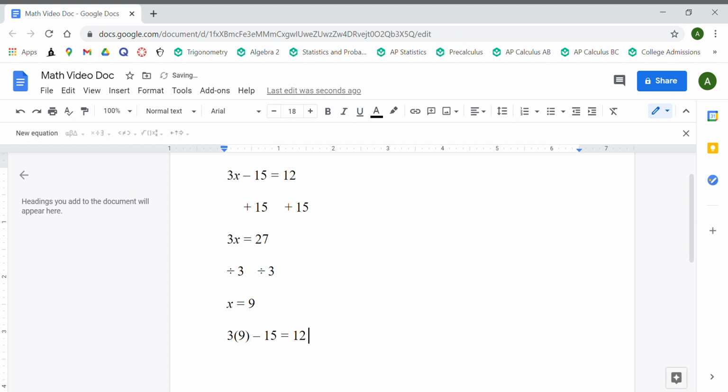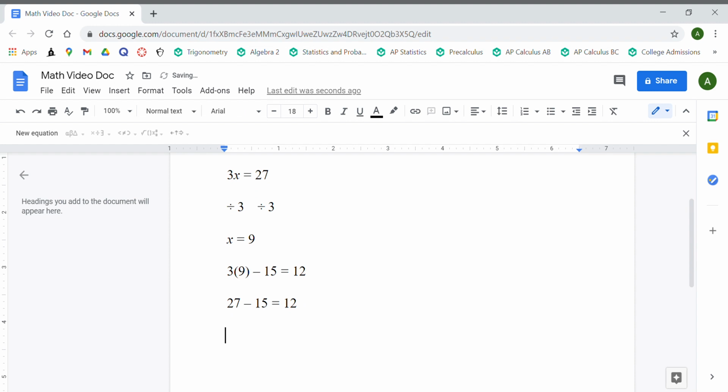Does it equal 12? Let's find out. 3 times 9 equals 27. Subtract 15, do we get 12? Yes, we do. So there you have it, guys. That is how we solve a two-step equation.